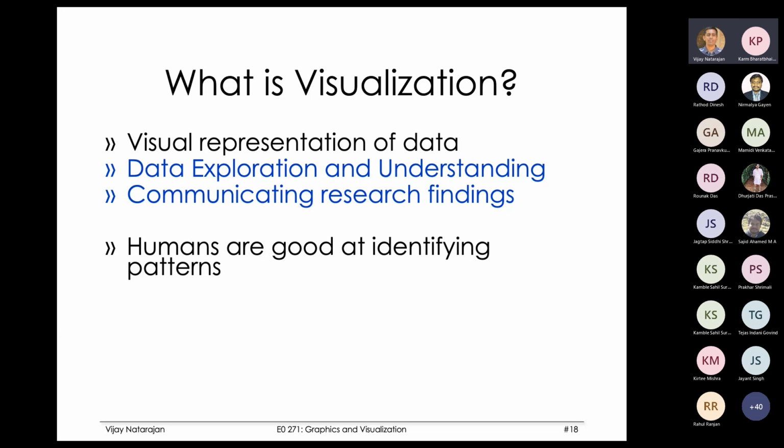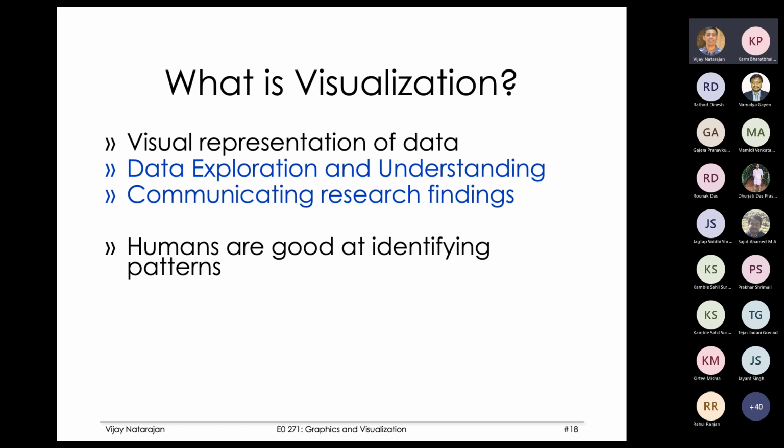Now, why visual representation? Why not other representations? Humans are always in the loop when we talk about visualization. And humans are very good at identifying visual patterns, thanks to evolution. Specifically, what are we good at?